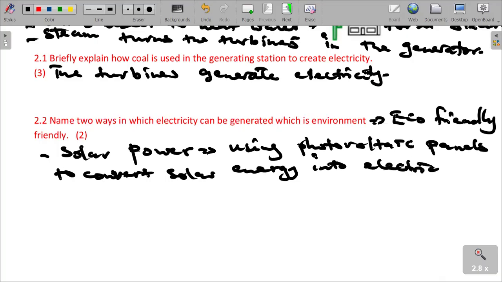Class, I'm sure all of us have seen where power is generated from solar panels. It is sunlight directly. It is the sunlight that is directly converted into electricity.